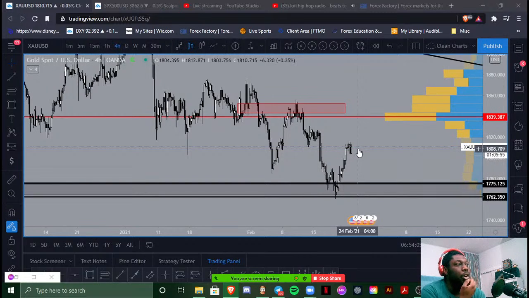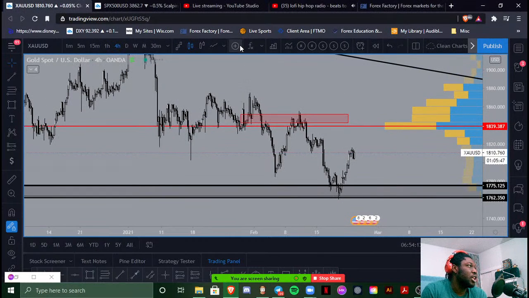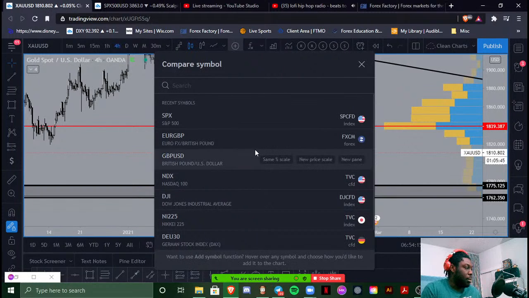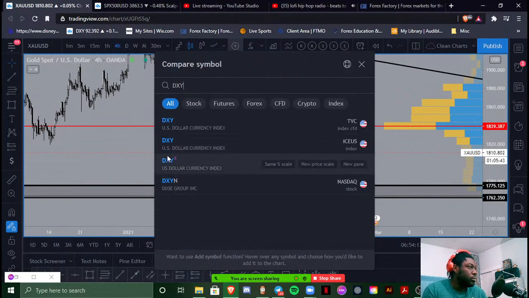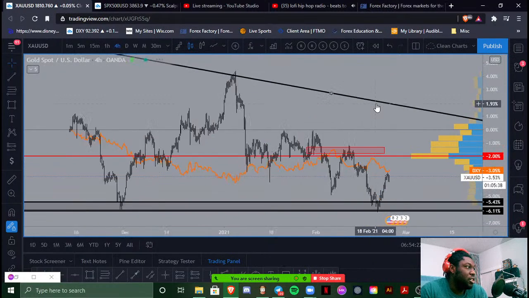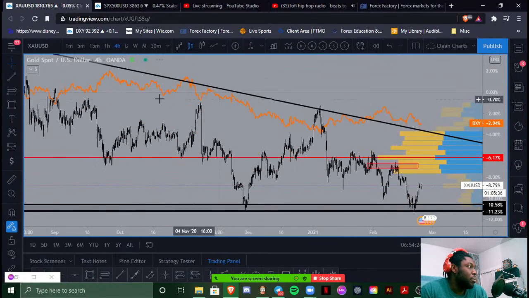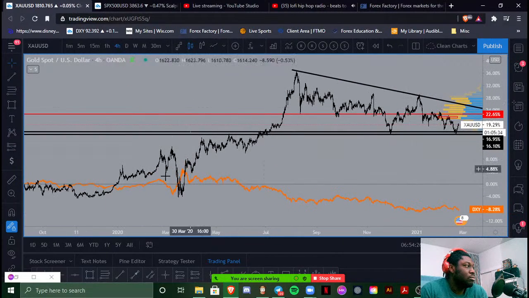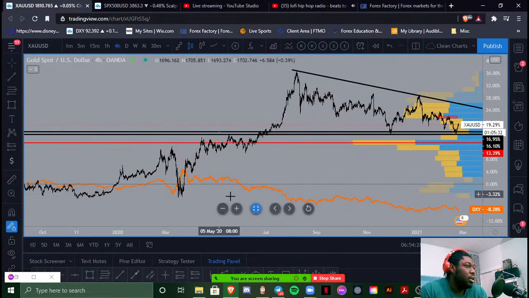When I'm looking at gold, I don't like looking at the correlation between gold and the US dollar, but I can't say that it doesn't exist, because let's just look at the compare tool, and I'm going to put the DXY. Because look, as you can see, DXY has been mostly steady, and steadily dropping, whereas gold makes sporadic moves.